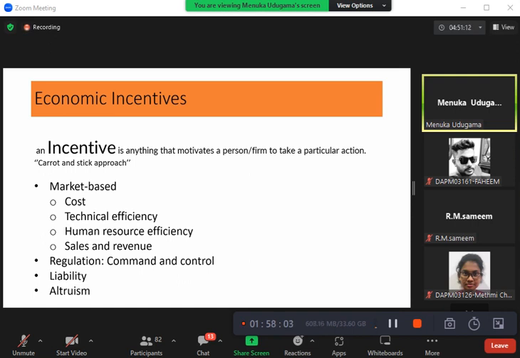If you talk about quality, let's take an example. A food quality certificate like ISO 22000 or 9000. Why would you want to adopt this certification in the firm? Because it's very costly. You might have to purchase new equipment.